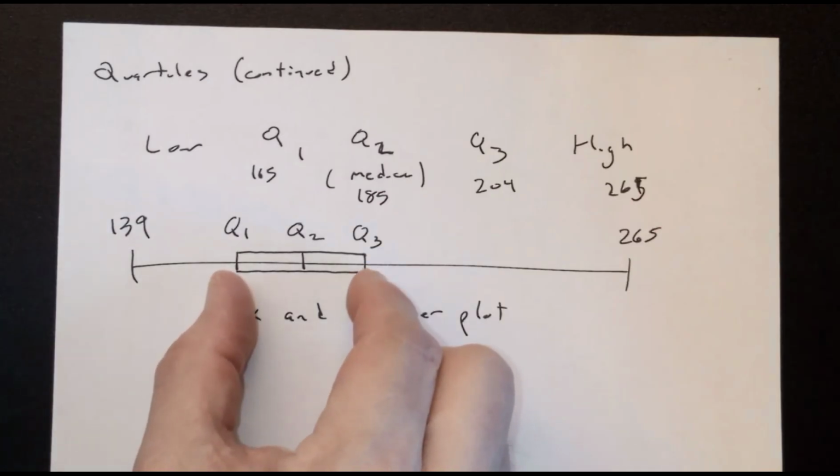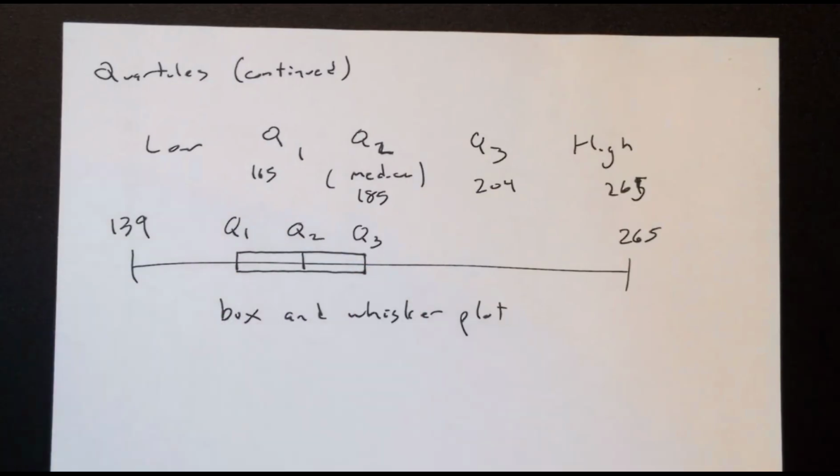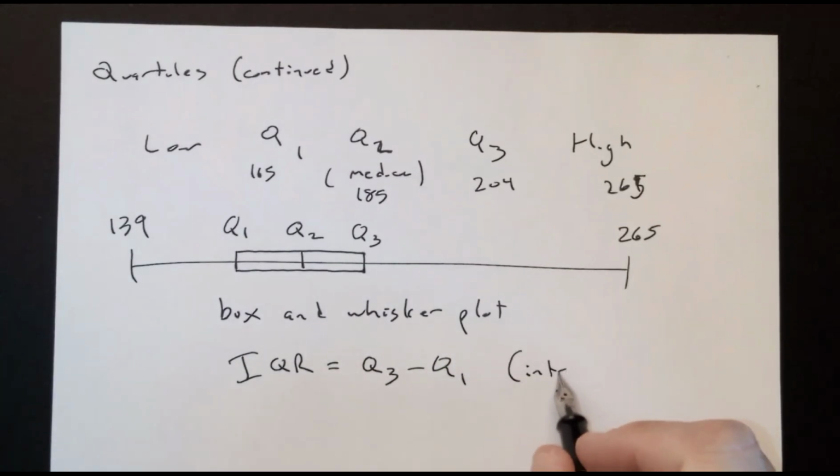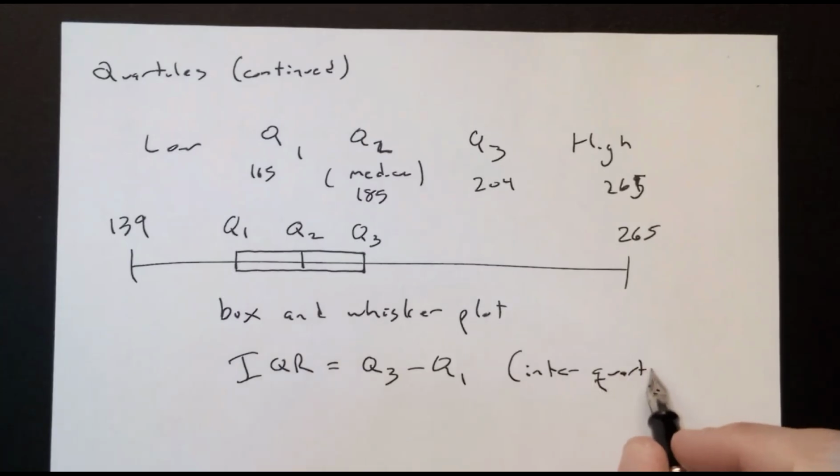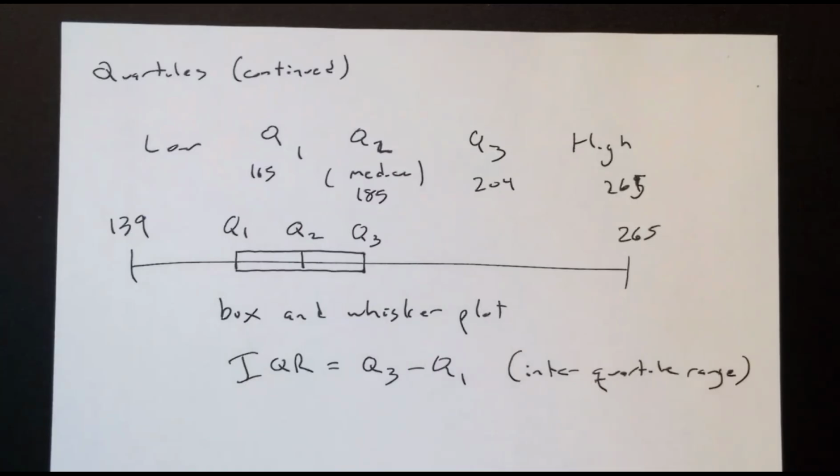That's our interquartile range. In this case, 204 minus 165 is 39.